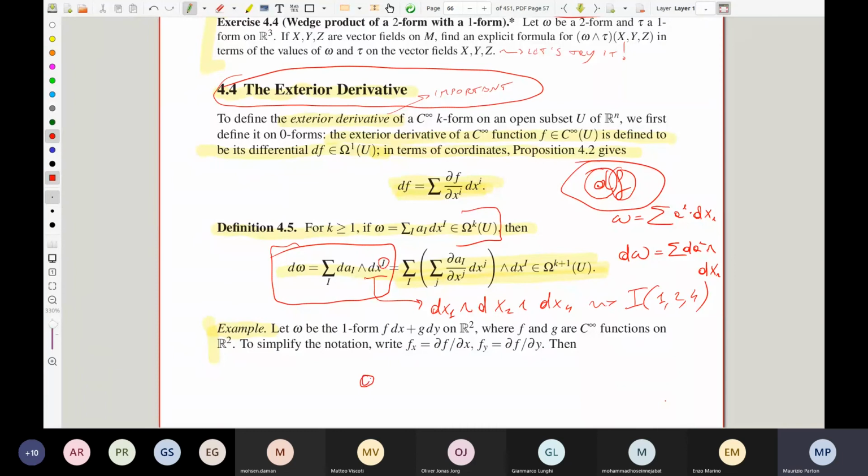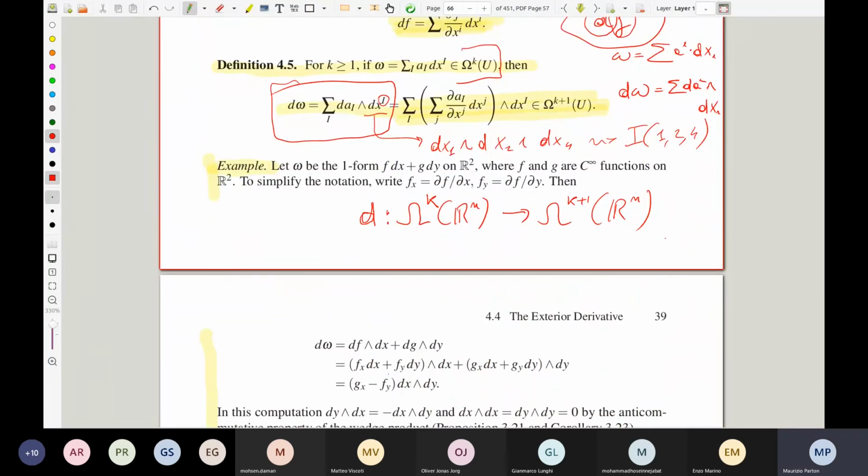It is a map taking k-forms and returning (k+1)-forms. A zero-form is just a function, so the differential takes a zero-form and returns a one-form. If you are picky, you should tell me this is d_k, of course, but we denote it by just d. This is called the exterior derivative or the differential.